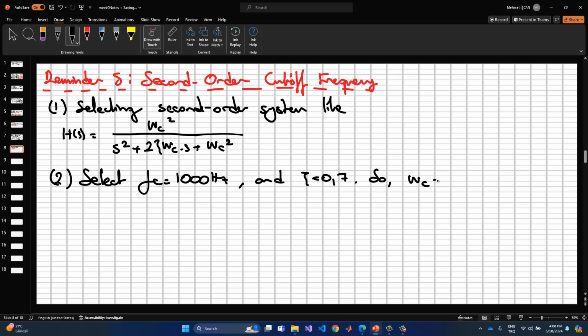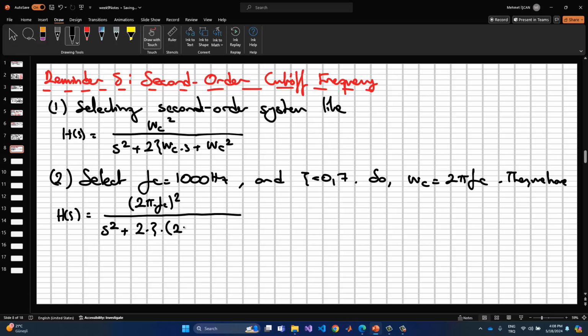We can assign ωc equal to 2π fc. Then we can write H(s) equals (2π fc) squared divided by s squared plus 2ζ(2π fc)s plus (2π fc) squared.